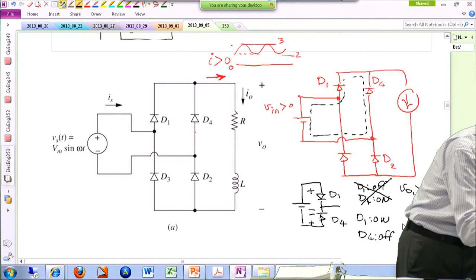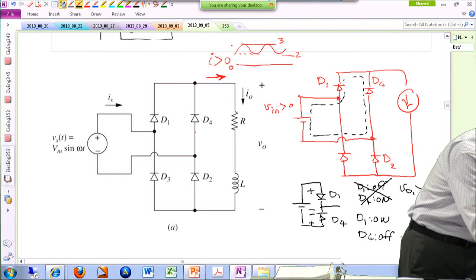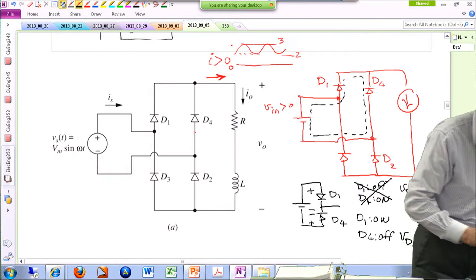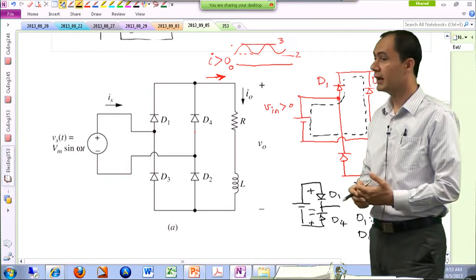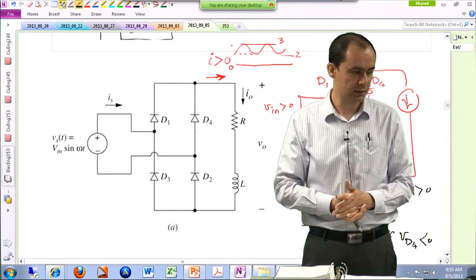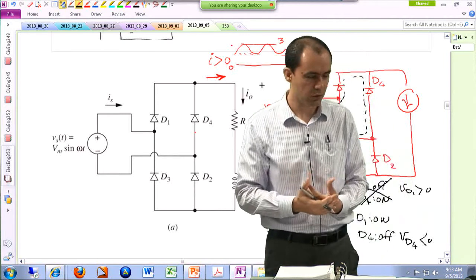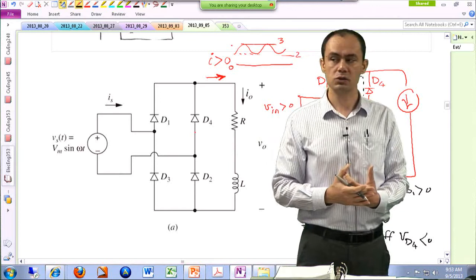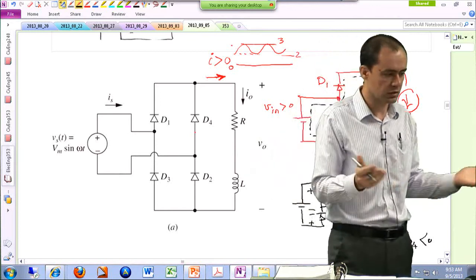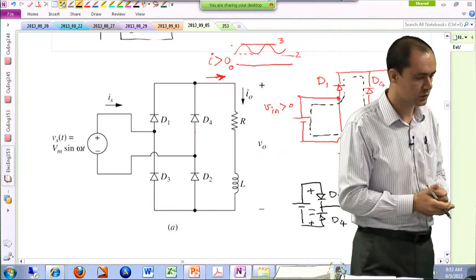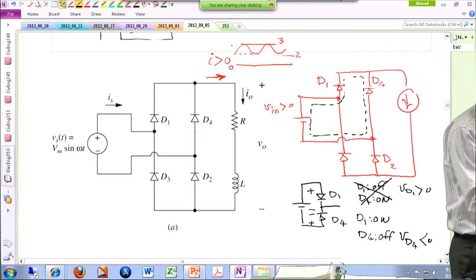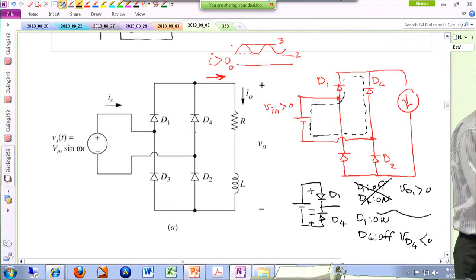Let me write it here. VD4 is negative because the input voltage is positive, and that makes sense. I'm assuming that I have a diode that is off, which is D4, and it is blocking some negative voltage. That makes sense. So when the diode is off, it is capable of blocking negative voltages. So as it turns out, this is our viable mode.